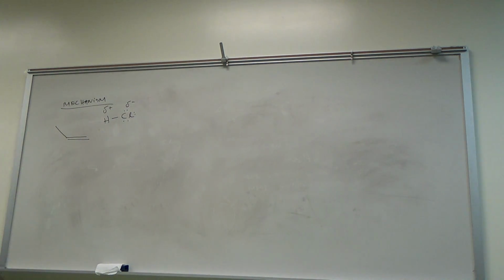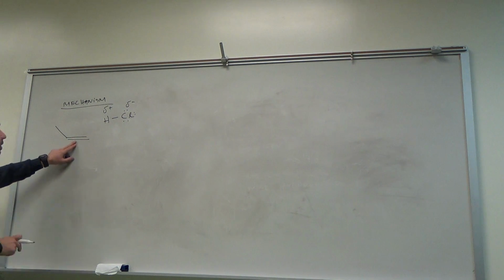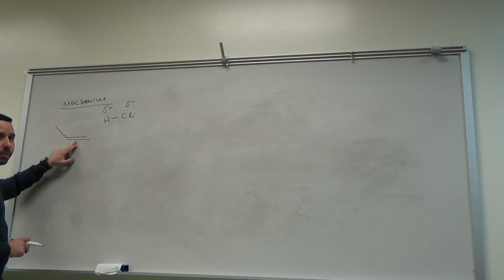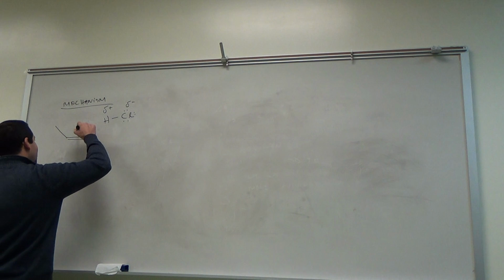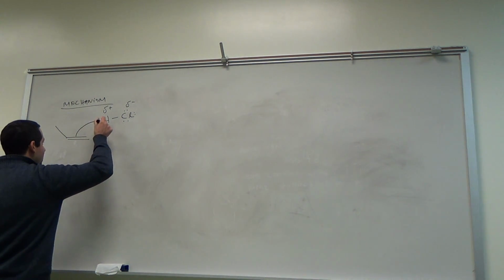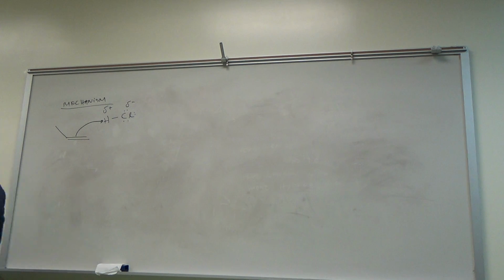So what happens is, since the double bond is an electron pair, it is going to attack the positive side. I am going to draw this from the middle of the bond, and those two electrons in that pi bond. Do you know how a pi bond looks like? Because I asked you to give that to me on the test. It looks like this, yes?